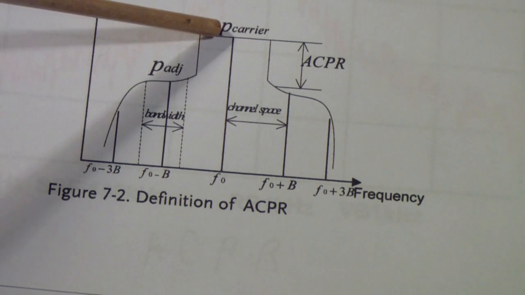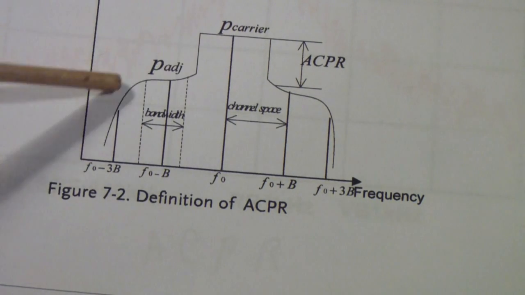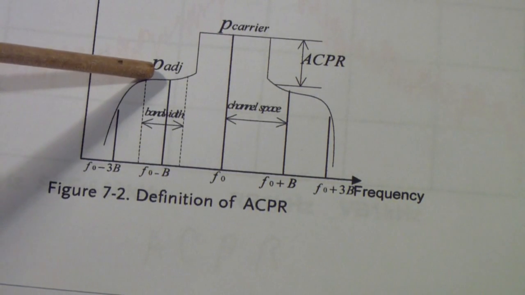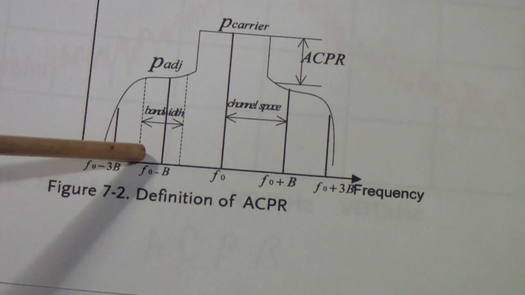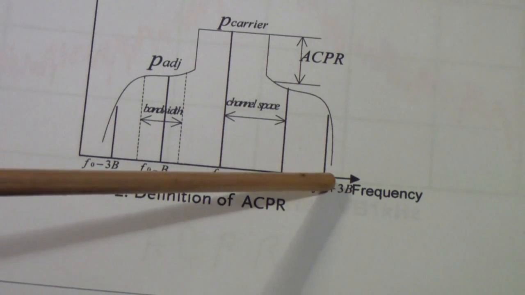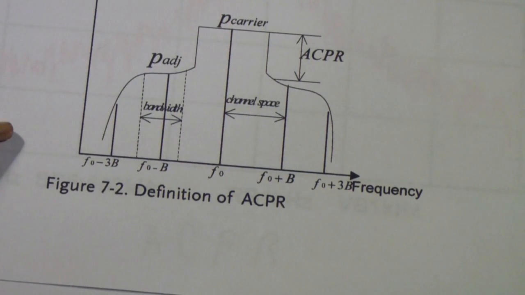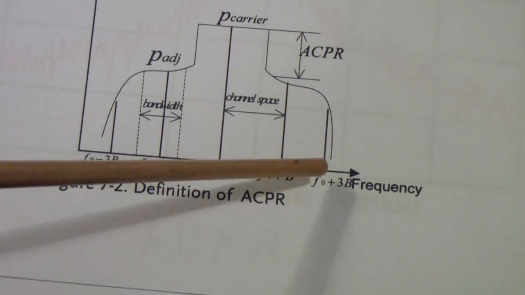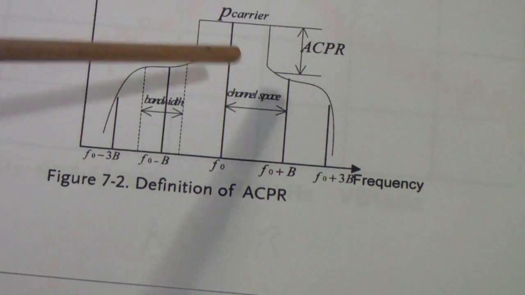So this is the power in your channel. This is the power in the adjacent channel, and there is usually a lower adjacent channel, an upper adjacent channel, and then a lower second channel, an upper second adjacent channel, and so on.